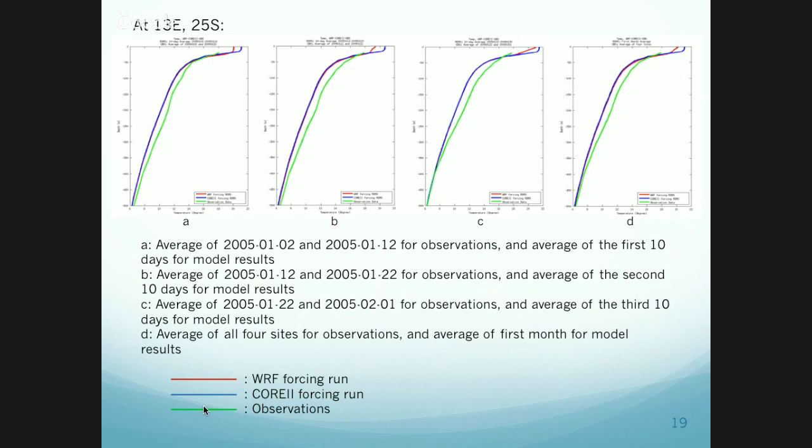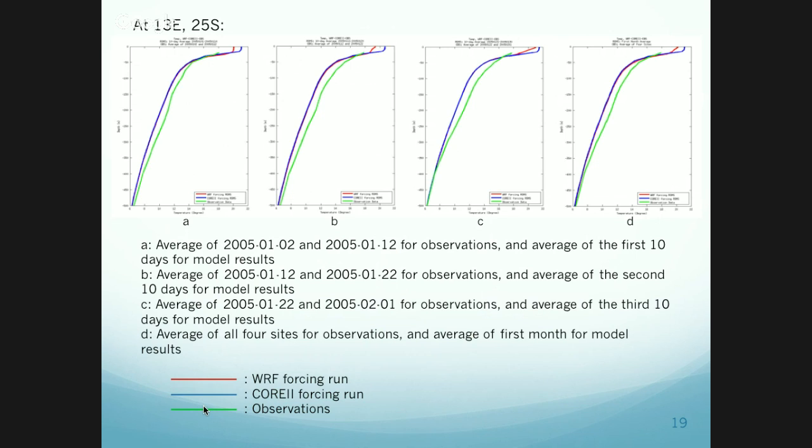The last figure is the average of the first month. There is a big problem with this comparison because the observation is in January, so it's only the start of the model. Maybe the model has not been spun up, so I'm not sure it gives a very good comparison.